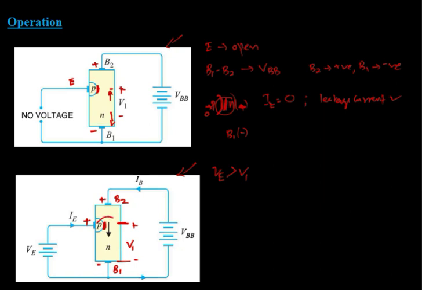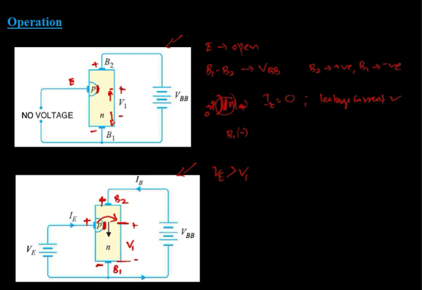That is, holes will be injected from this P-type material to the N-type bar. These holes are repelled by this positive terminal B2 and they are attracted towards the negative terminal B1, or towards the base B1. This accumulation of holes in the emitter-B1 region results in the decrease of resistance in this section of the bar.